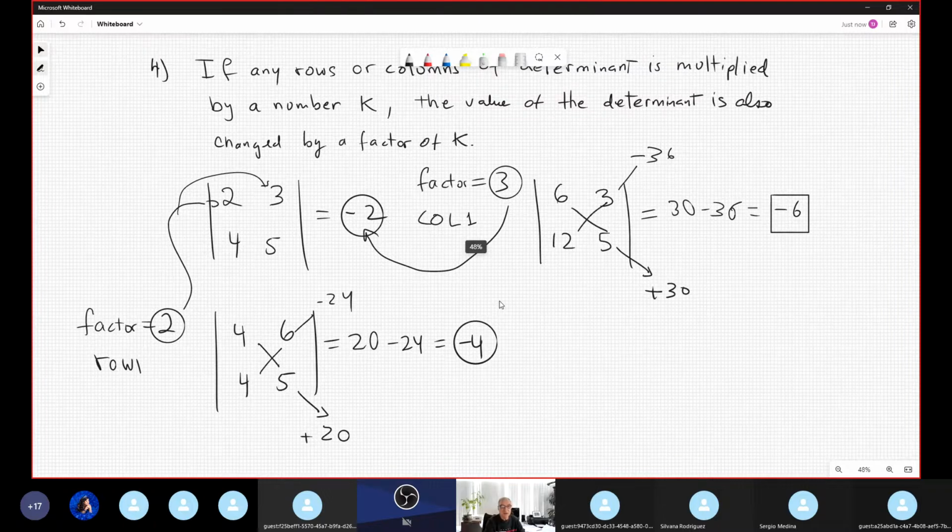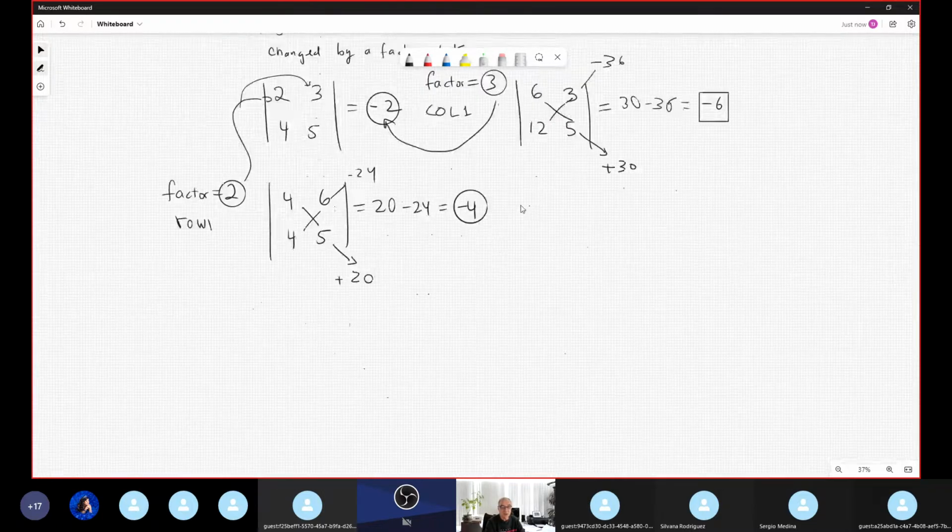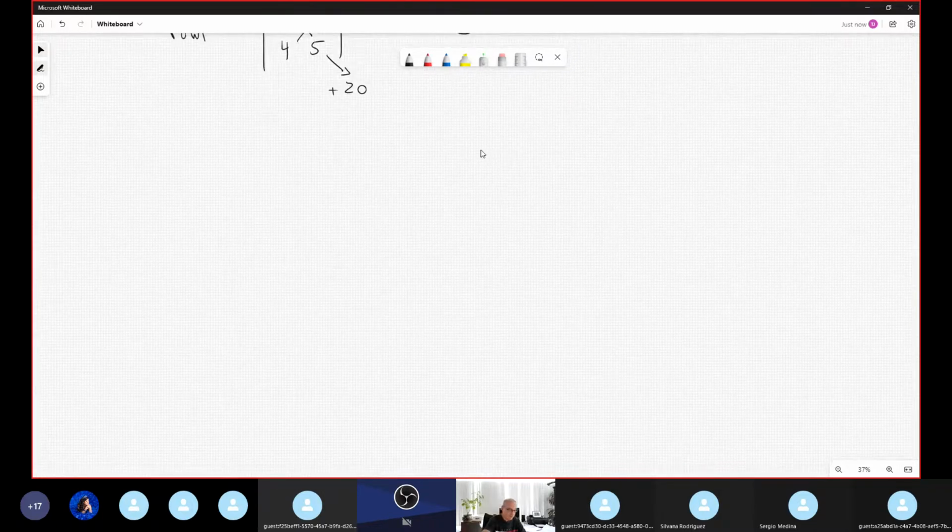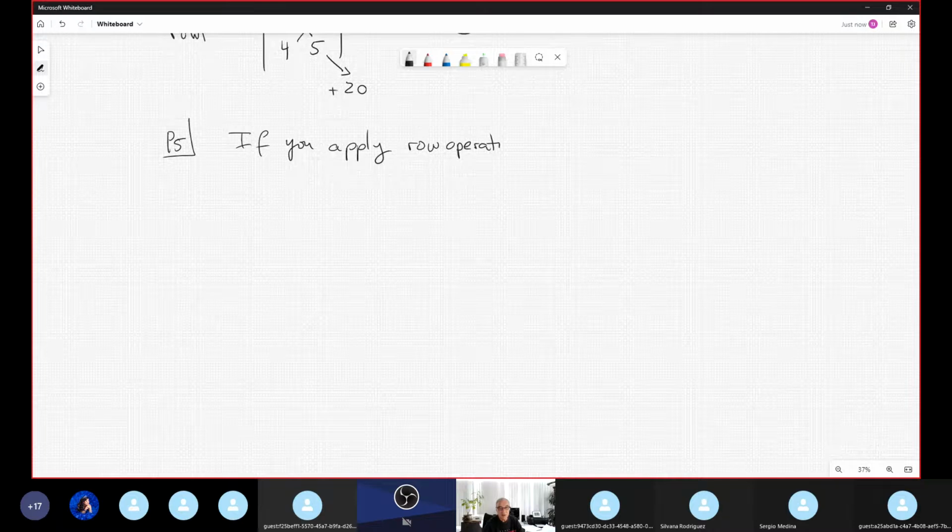Okay, then the last property, sorry, property 5 says: if you apply row operations, exactly the same as we do in the matrix, but in the determinant, row operations or column operations.